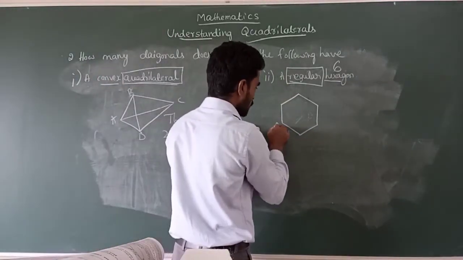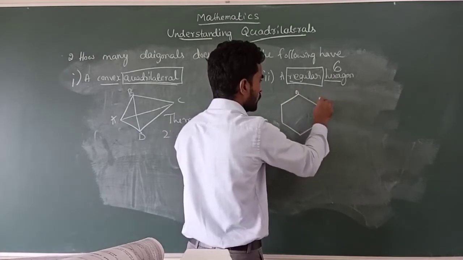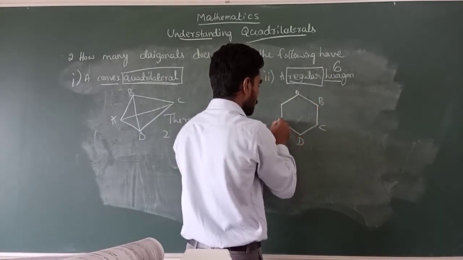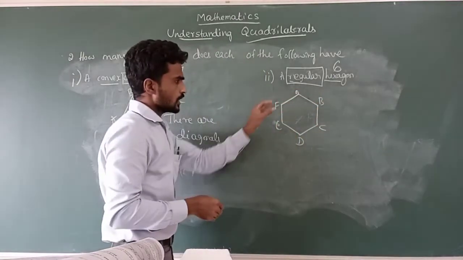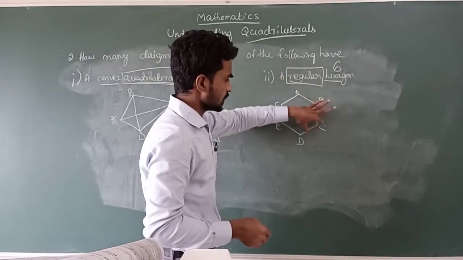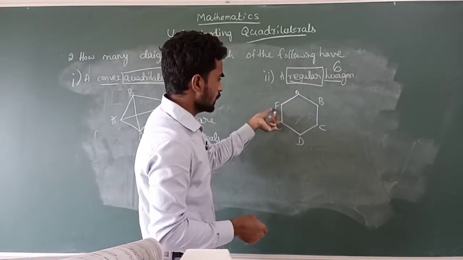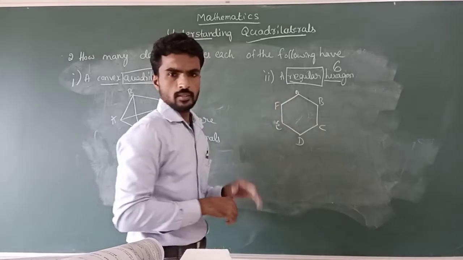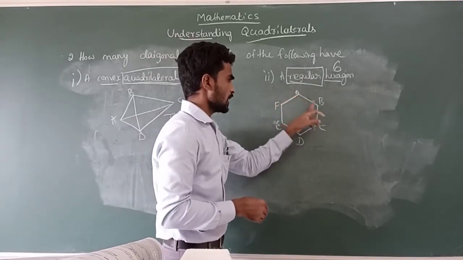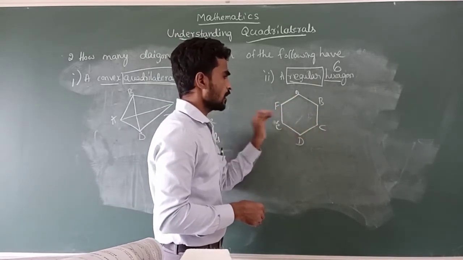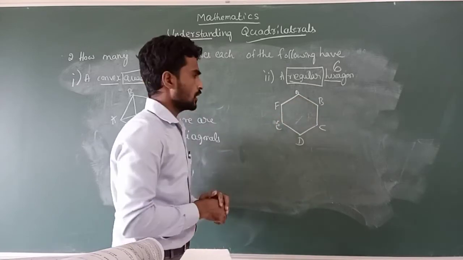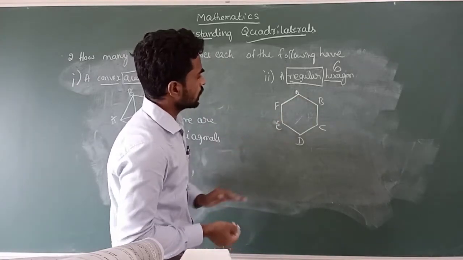It has A, B, C, D, E, F. 6 sides: AB, BC, CD, DE, EF and FA. 6 sides and 6 angles A, B, C, D, E, F. All angles are equal. Here, how many diagonals are there?